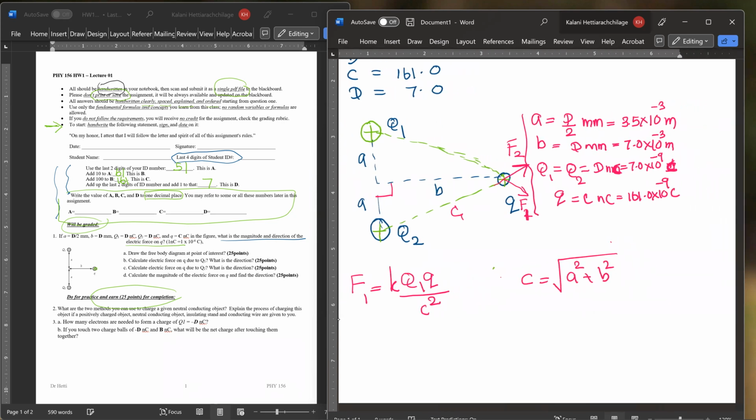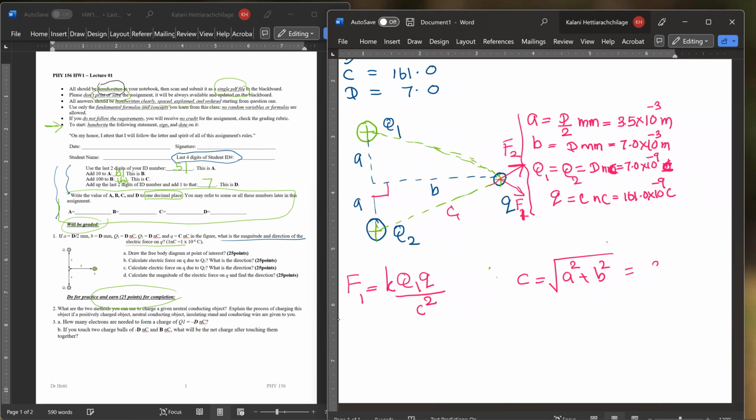And then definitely you're going to plug the values in here, and you're going to write it in meters. So you have the C value. And then you go into this formula and plug in all the values you need.